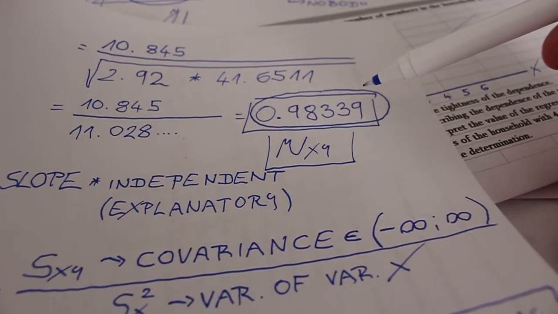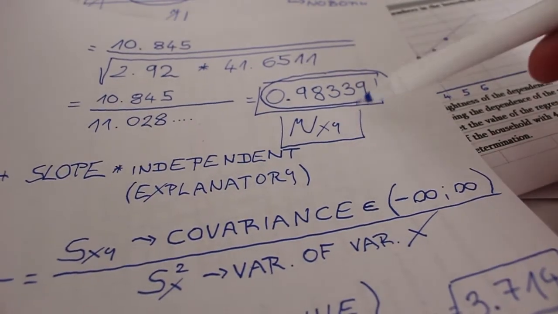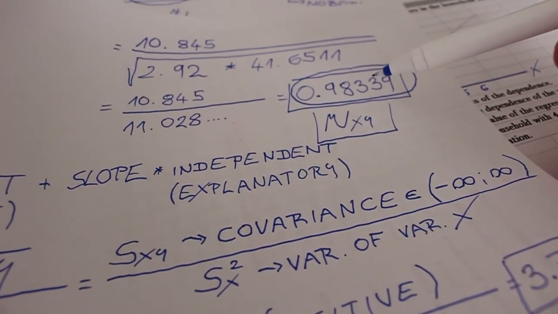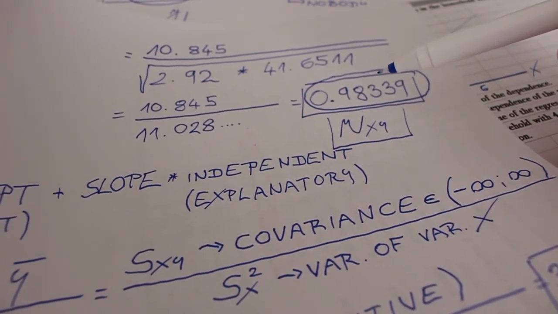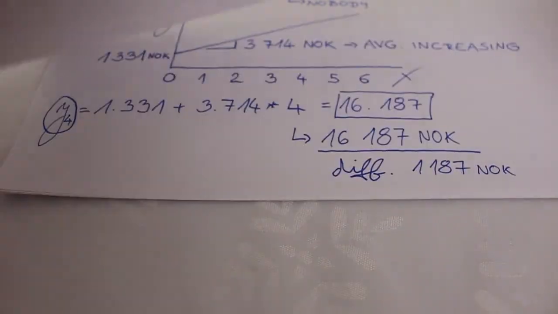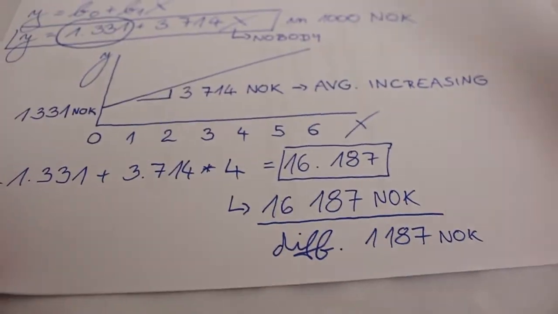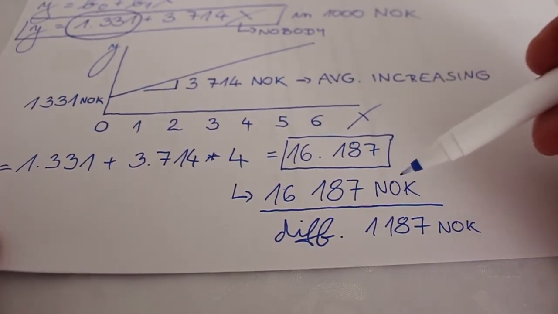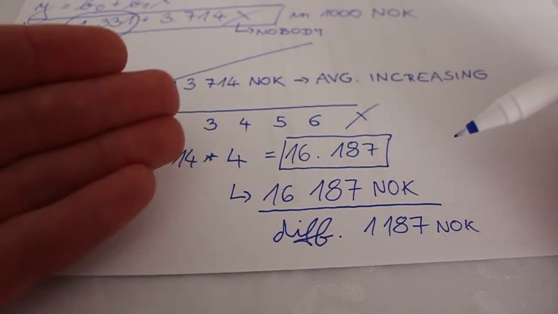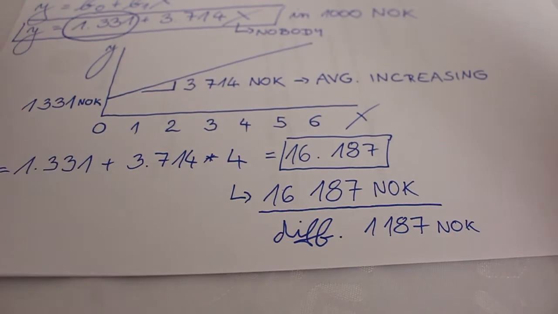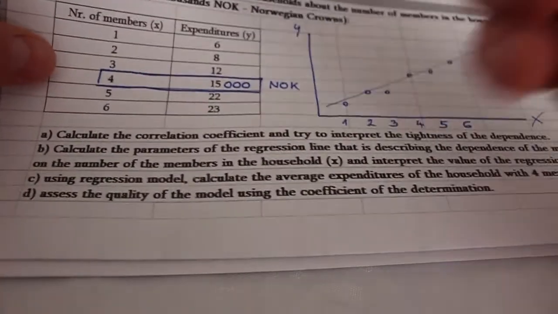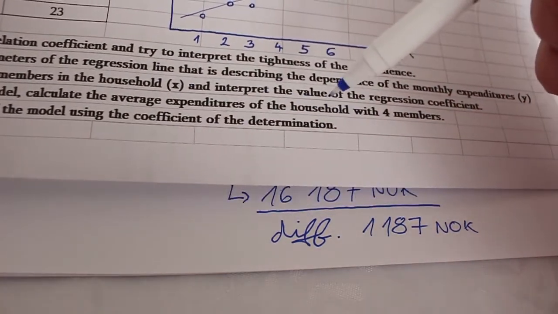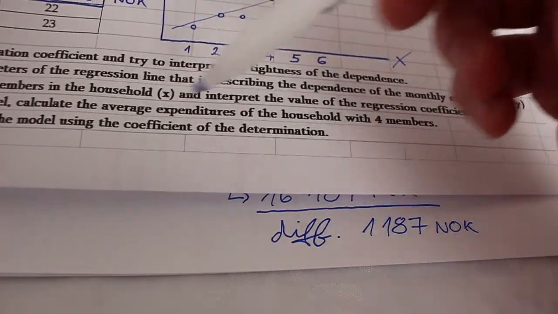We have another statistic, R squared, the index of determination or coefficient of determination. According to it we are able to interpret the power of this model. So we will assess the quality of the model using the coefficient of determination, R squared.